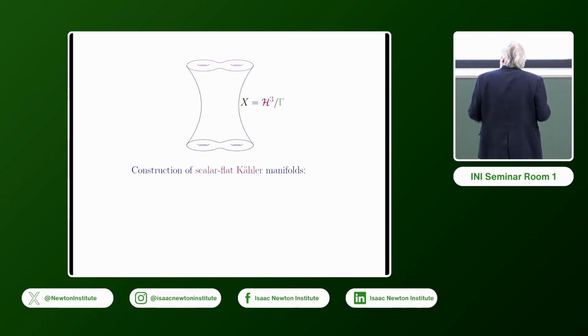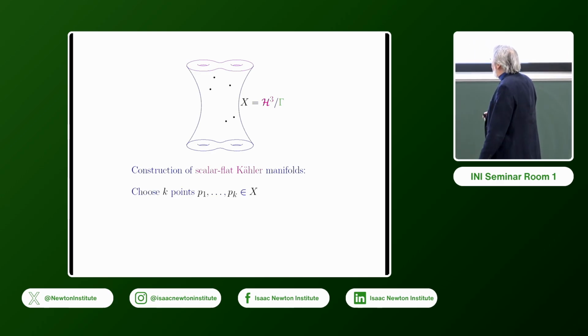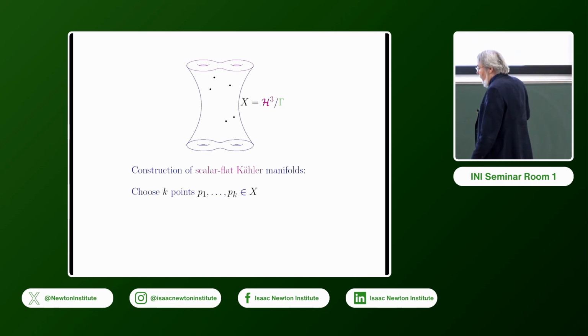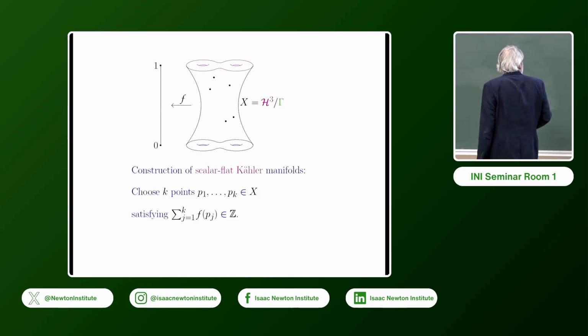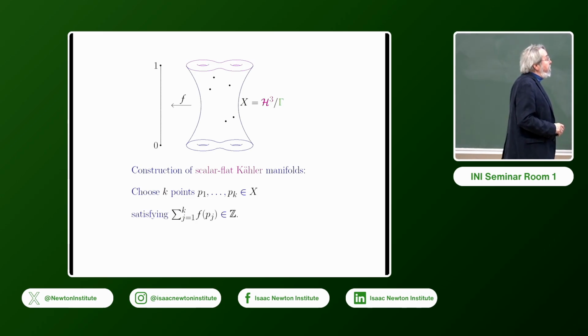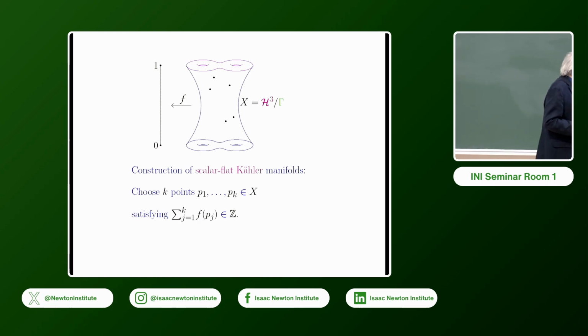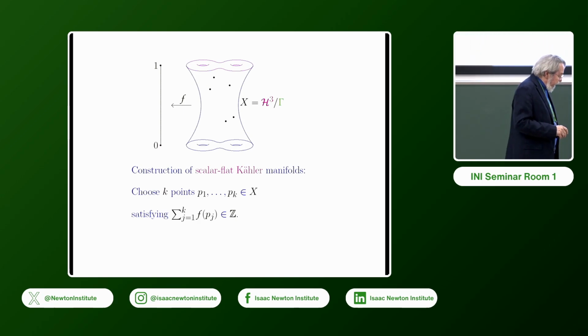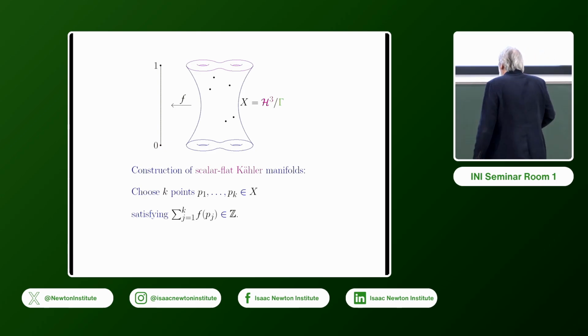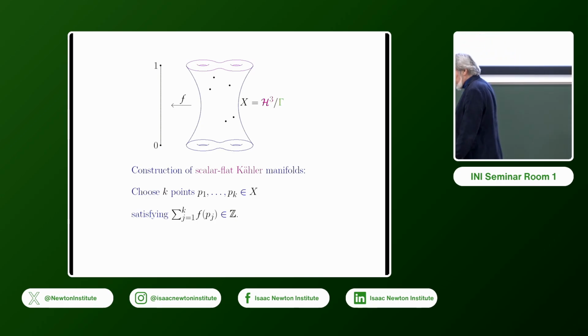All right, so from this you can construct a scalar flat Kaehler manifold. You choose k points in this hyperbolic 3-manifold, and we want to play the same game as before. But we're eventually going to have to satisfy a quantization condition, which is not trivial in this case. So the extra condition is you require that the sum of the tunnel vision functions at those k points add up to an integer.